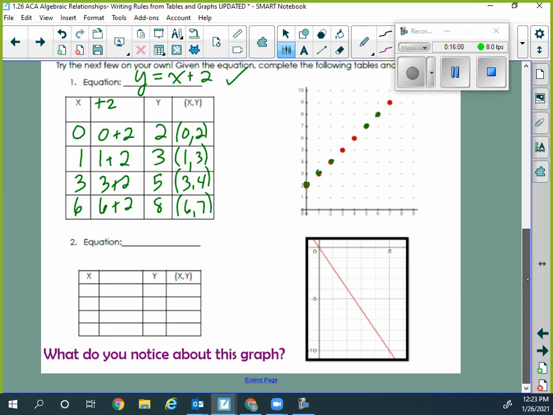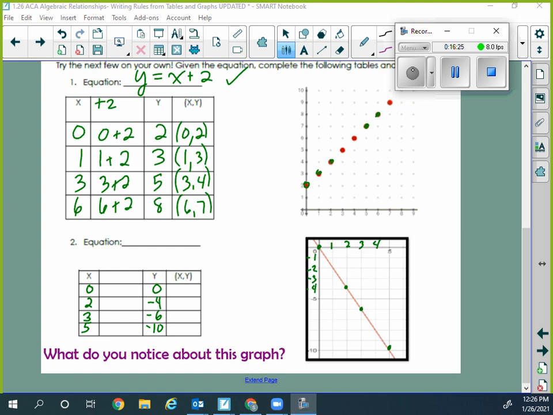Okay, do you want to try the next one by yourself again? Try that one on your own? Okay. So, can I tell anything from 0, 0? I can't tell anything, so I have to go to the next one. 2 to -4. 3 to -6, and 5 to -10. What are we doing every time?